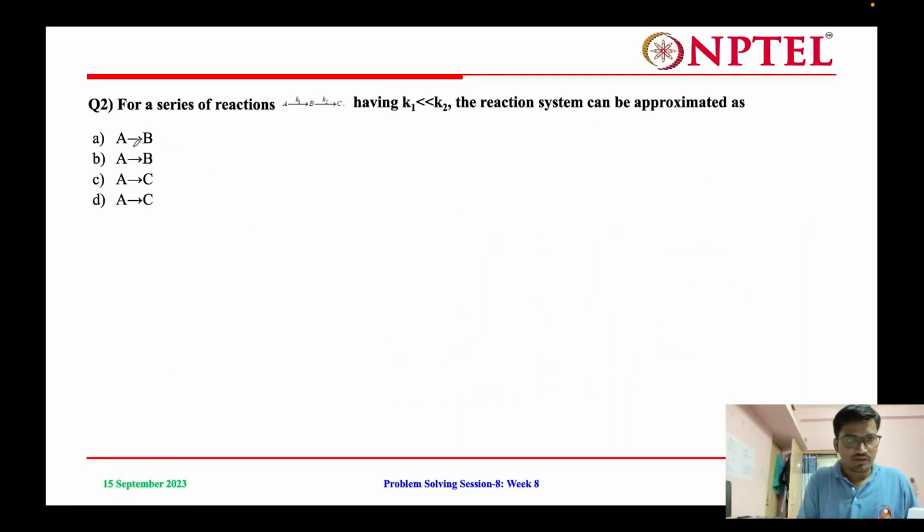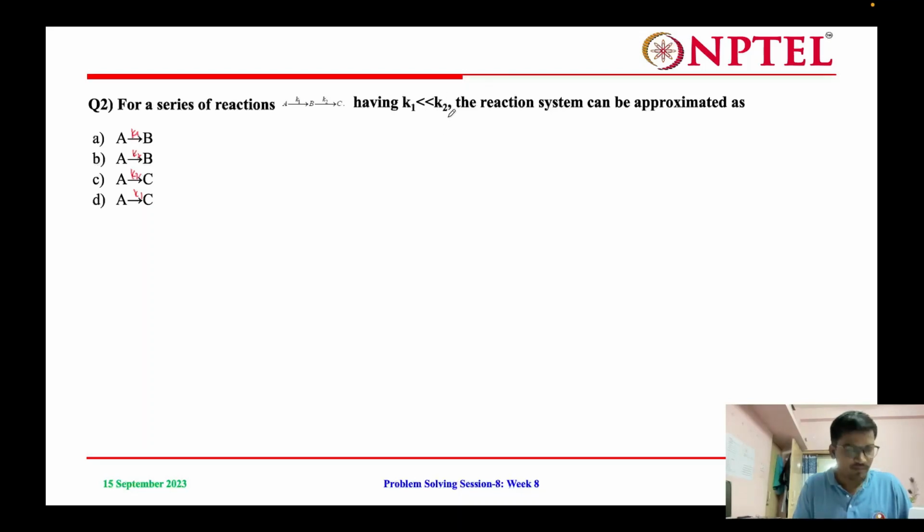Next is a statement for a series of reactions, A gives B, B gives C, having K1 less than K2. The reaction system can be approximated as... So here K2 is greater than K1, right? So we will not be able to detect the species B in the reactor at any point in time.